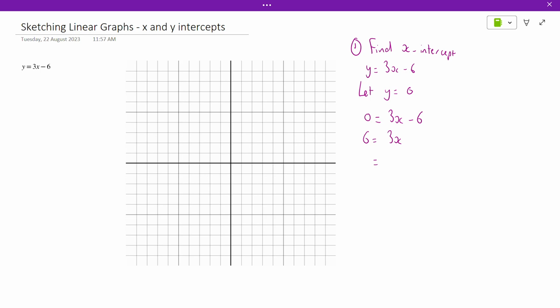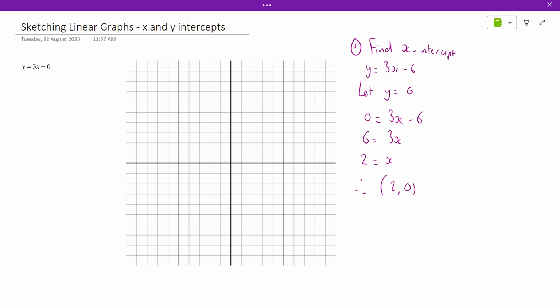So 6 divided by 3 is 2. 3x divided by 3 just leaves x. So my coordinate here is the point (2, 0), because our x value comes first when we're writing coordinates, and we've just figured out that x equals 2 when y equals 0.